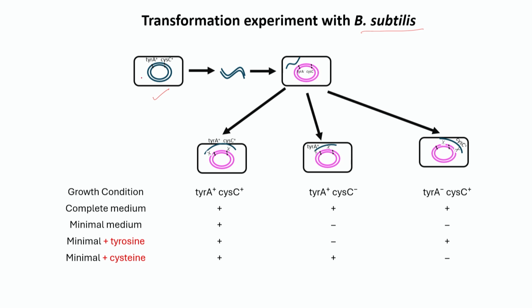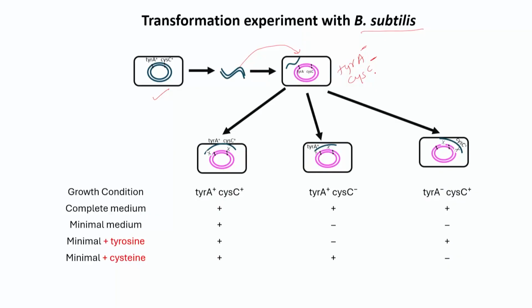So, this bacteria is positive for these two genes, and what we did is we isolated the genomic DNA from these bacterial cells, made small pieces, and then transformed it into a bacteria which is TYR-A minus and CYS-C minus. This is just for convenience that we have written the position of these two genes, but we really do not know where they are, how close they are, and how exactly they are located.